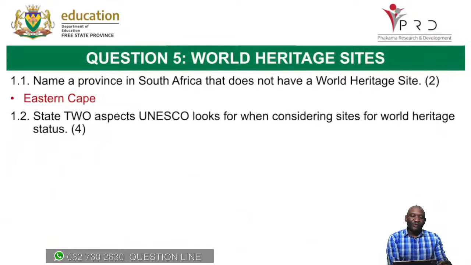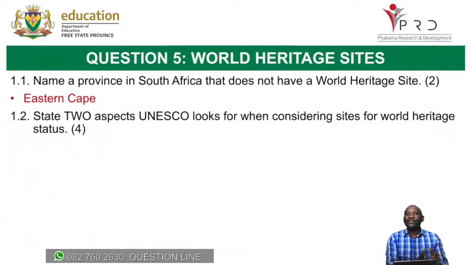Right, let's look at the second question. State 2 aspects UNESCO looks for when considering sites for World Heritage status. And remember what I said when I was explaining to you. I said that a place cannot be declared a World Heritage Site if it is just common, if it is just an attraction. So this place must be different from other places, or it must be the only one of its kind in the world. Remember, UNESCO has 10 criteria that they use to ascribe to these World Heritage Sites.